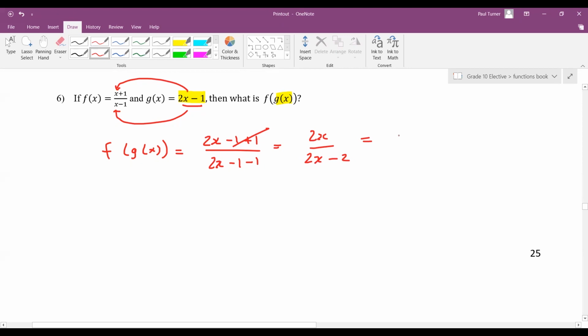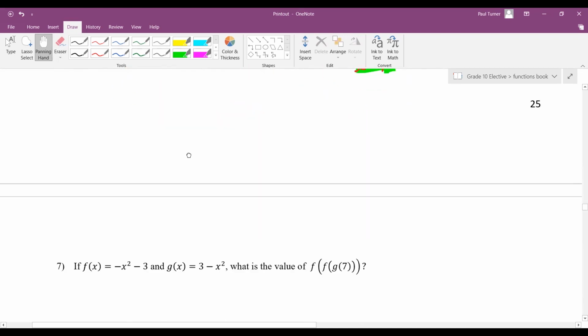We can factorize the denominator as 2 times (x minus 1). So then the 2 will cancel here. You'll get x on x minus 1. And nothing else you can do with that. That's it. Okay, you may have forgotten to factorize here, but try to factorize where possible to simplify it a bit more. Okay, 6 is okay.